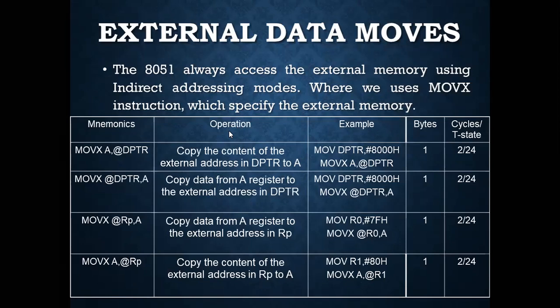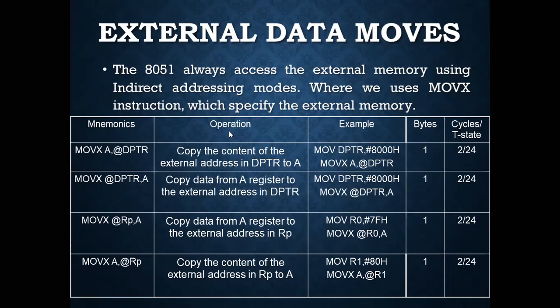In this case, the only 16-bit register present in the 8051 microcontroller is the data pointer, denoted by DPTR. This DPTR is the only 16-bit register in the 8051, and it is used for handling, processing or movement of 16-bit data.